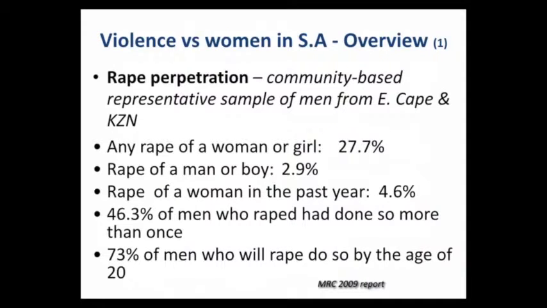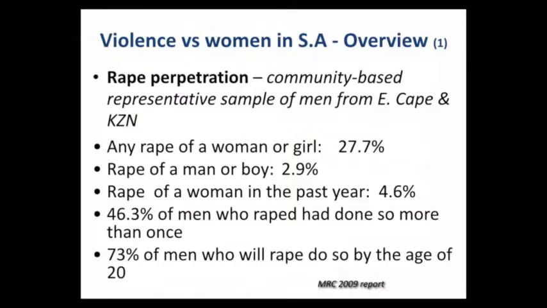If we look at violence against women in South Africa as an overview, and it would be great if you brought in examples from Zambia, from Uganda, from Tanzania, from Nigeria, from Zimbabwe, and so on, different places that you come from. But if you look at South Africa, rape perpetration, there was a study done by the South African Medical Research Council amongst men in the Eastern Cape and KwaZulu-Natal provinces.